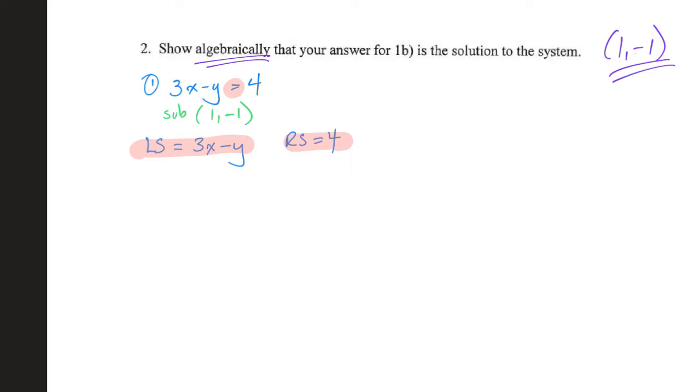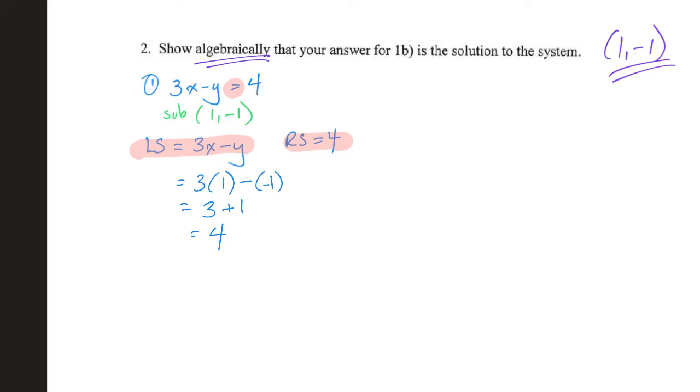And what I'm going to now do is test, does that value make my equation equal? So I'm going to sub in 1, negative 1, which means I'm going to replace my x with that x coordinate and replace my y with that y coordinate. Now I can go ahead and calculate whatever I have. So 3 times 1 minus a negative 1, I got 4.